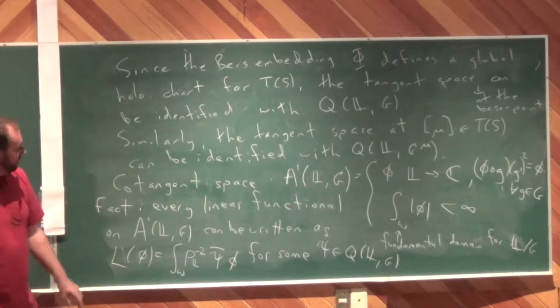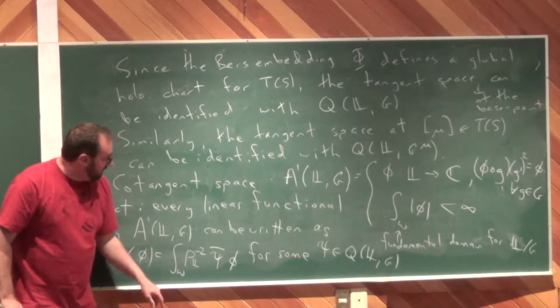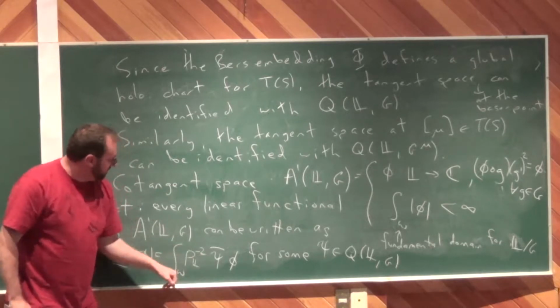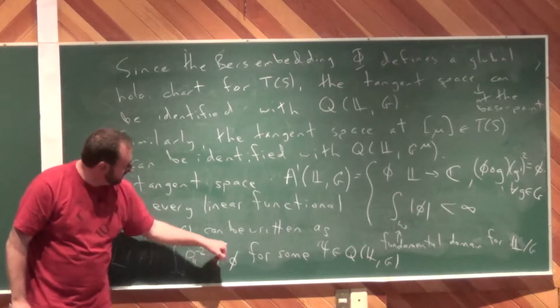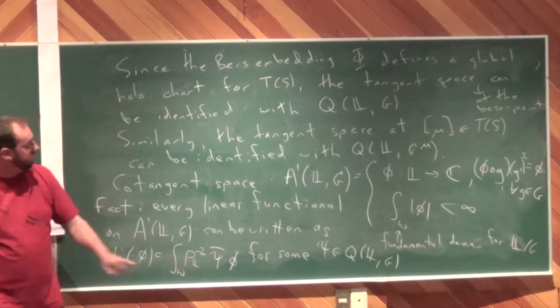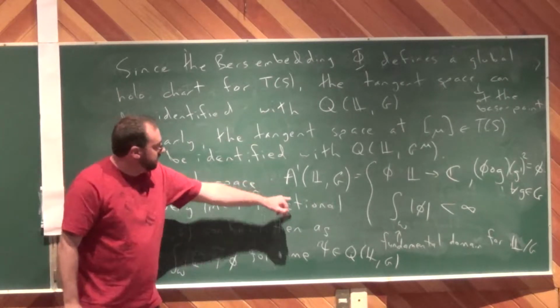So what we can do is pair up elements of A1 and Q in this way. Every linear functional can be associated with some element of Q, so it turns out that the dual space of A1 is Q.